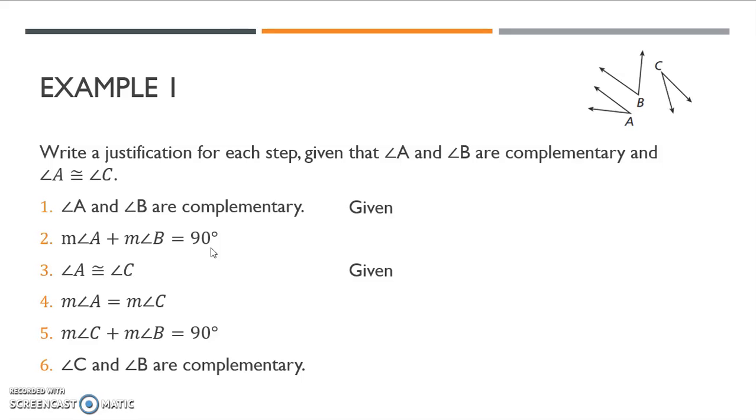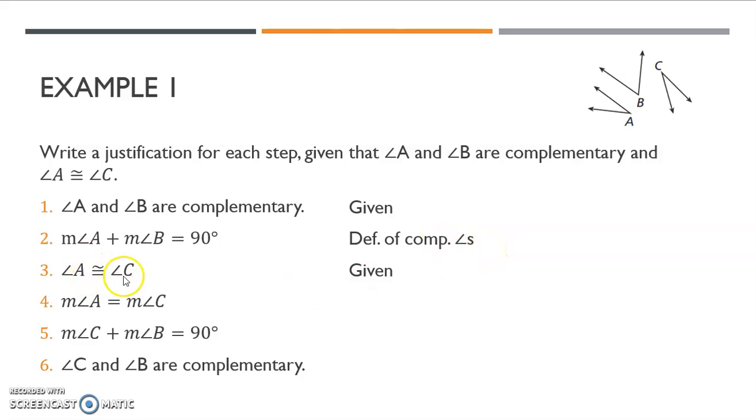So try and figure out how they knew that if they added these together, they would get 90, and then press play to check your answer. Okay, they knew this because the word complementary was used. And every time that you use what a word means, that's a definition. So this is the definition of complementary angles.